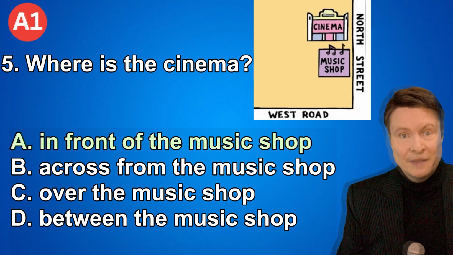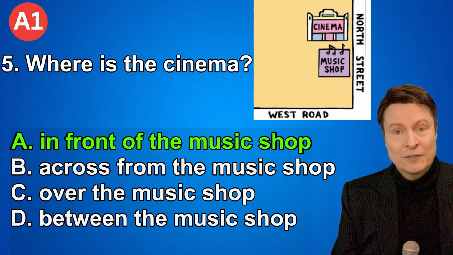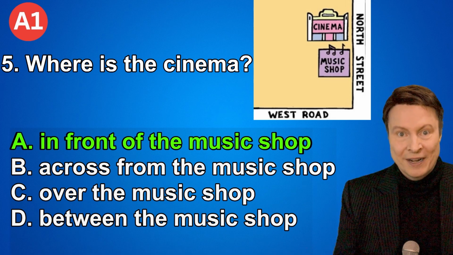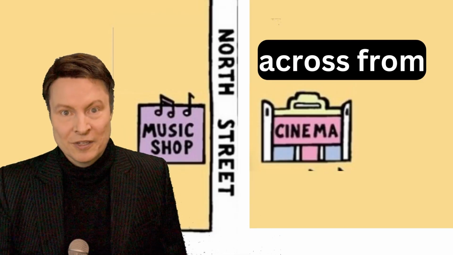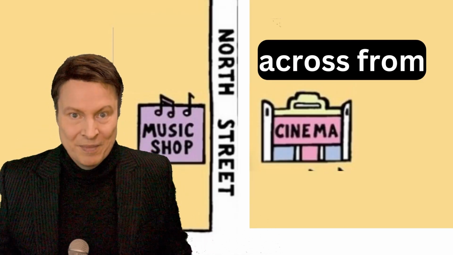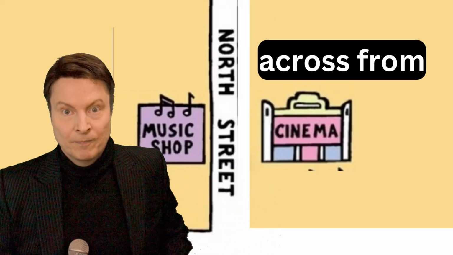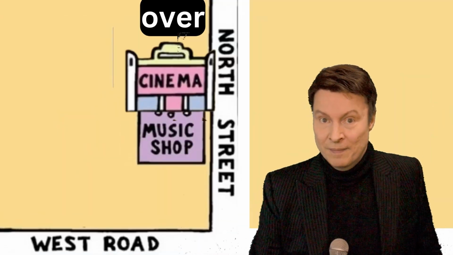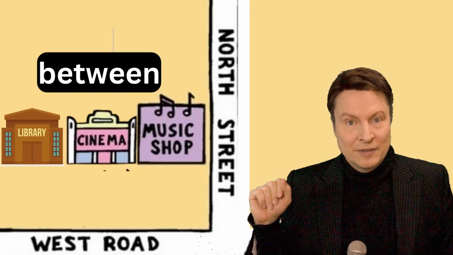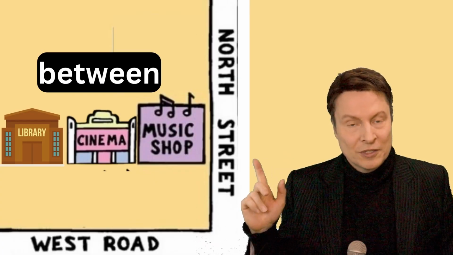And if you thought that the answer was in front of the music shop, that is correct. So we want to review our prepositions of location. So try to remember with me. We have across from, over, the cinema is over the music shop, and then between, the cinema is between the music shop and the library.